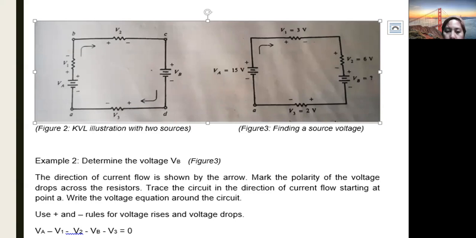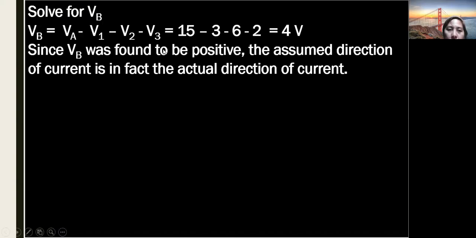Okay, so how are we going to do this? Solve for the VB. VB is equal to, again, voltage applied, since voltage applied minus the sum of the voltage drops equals 0.